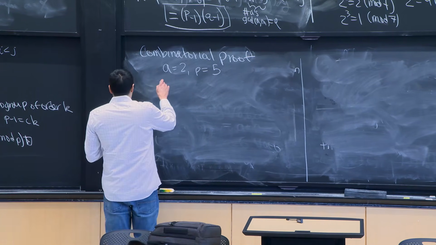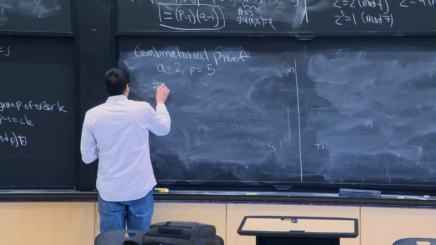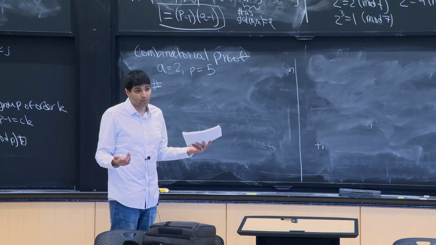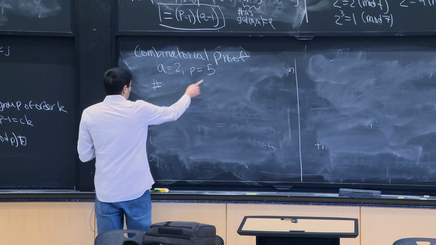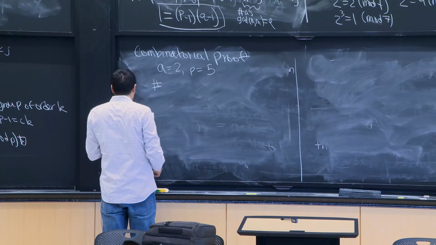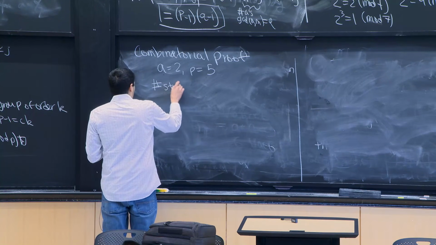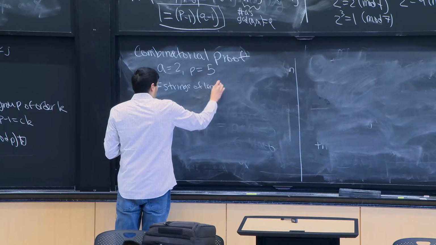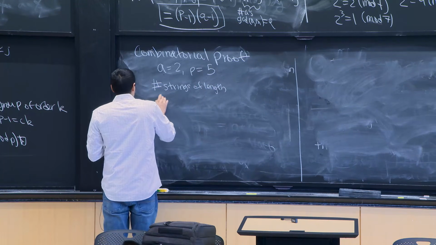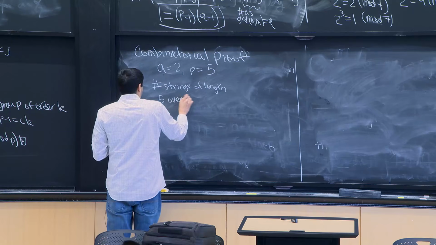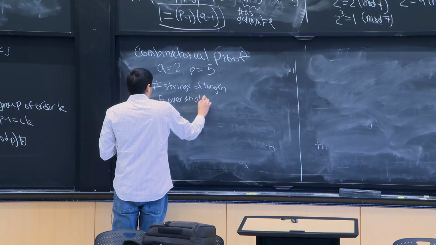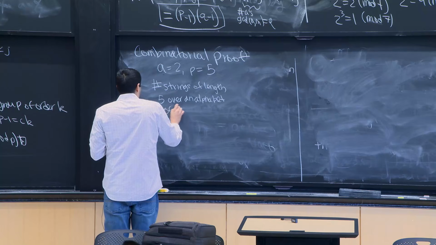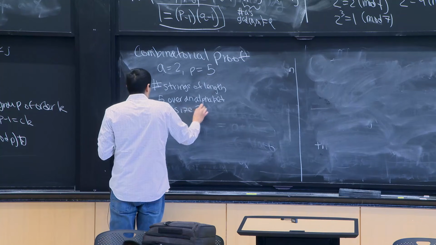So I can think about strings with different types of beads. A is 2, so they'll have 2 kinds of beads, red or blue beads. And their length will be P, which is 5. So I can look at the number of strings of length 5 over an alphabet, those are just the bead types, of size 2.